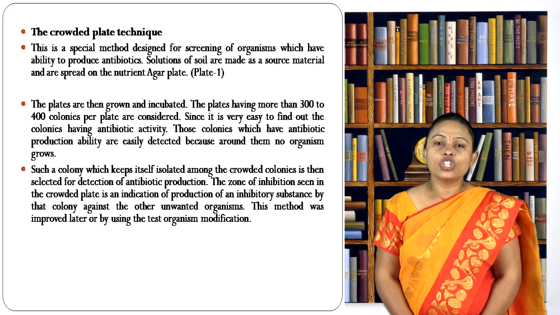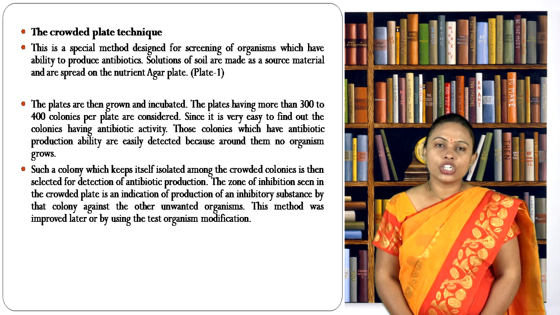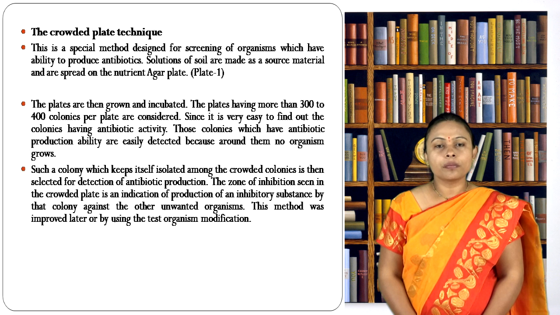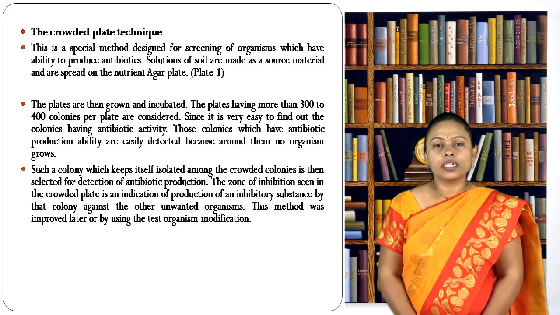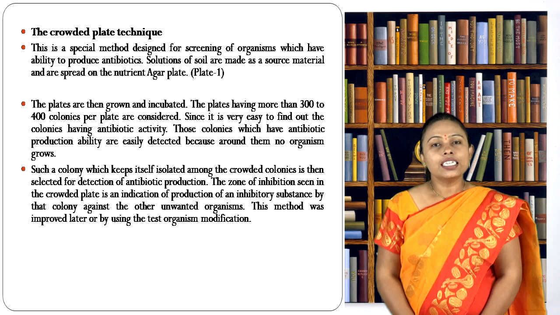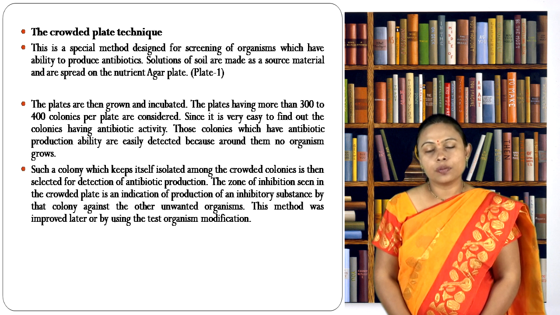Such a colony which keeps itself isolated amongst the crowded colonies is then selected for detection of antibiotic production. The zone of inhibition seen in the crowded plate around a colony is an indication of production of an antibiotic or an inhibitory substance by that colony against the other unwanted organisms.